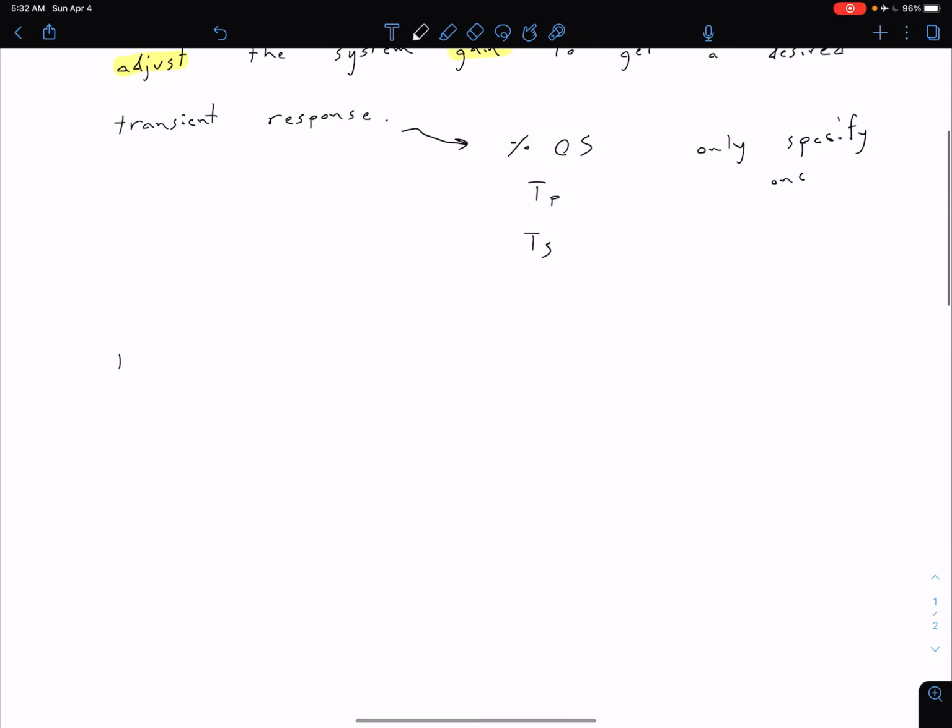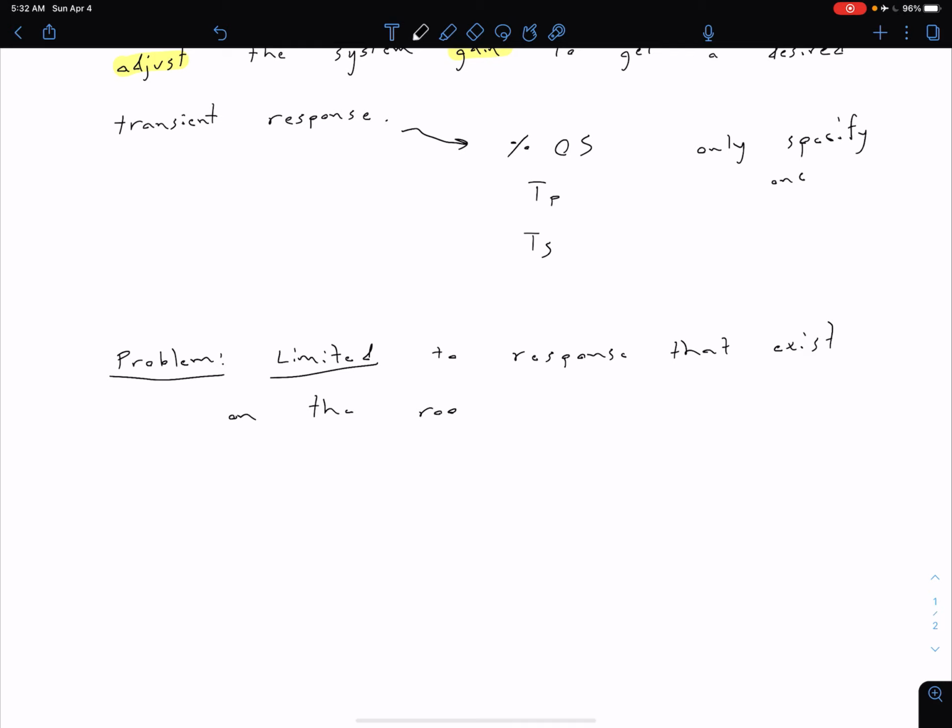Ultimately, the problem, which is the same one we just discussed, stated in a different way, is that we're limited to points that are already on the existing root locus, or responses that exist on the root locus.